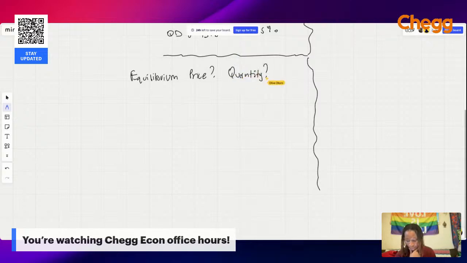Okay, so the equation here is the supply equation specifically, because you can have a difference between the supply equation and the demand equation. The supply equation is going to be quantity supplied equals 2P minus 4, where P is going to be denoted as price.